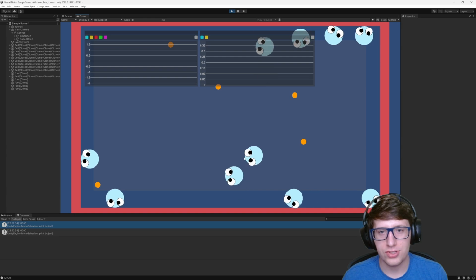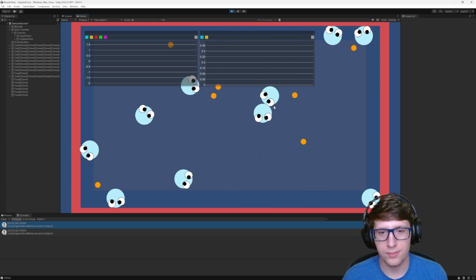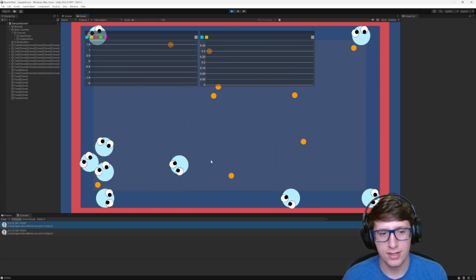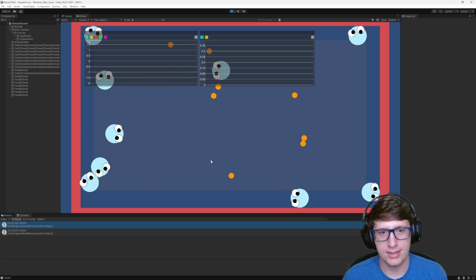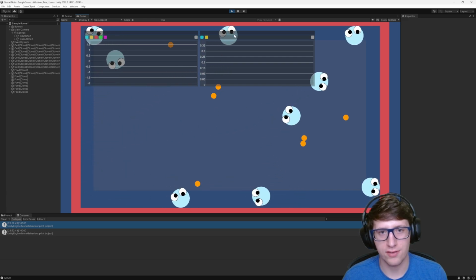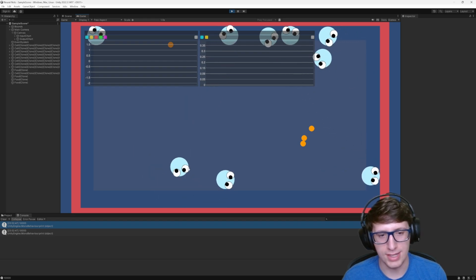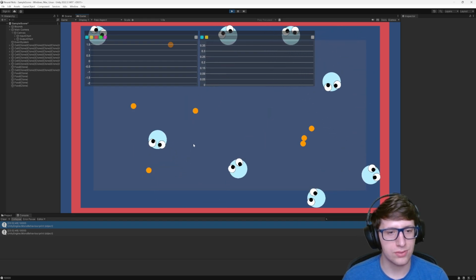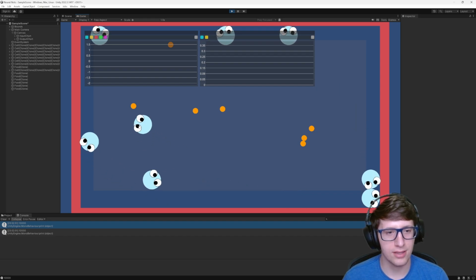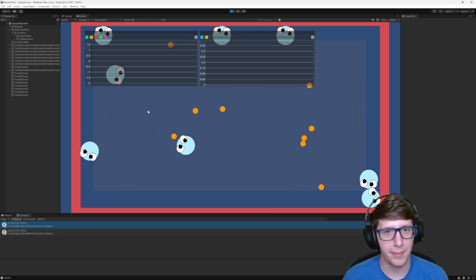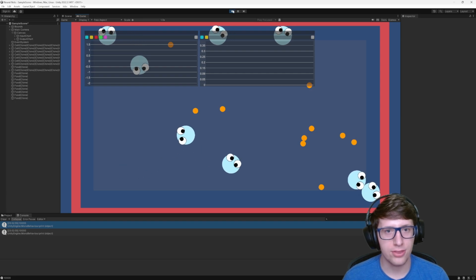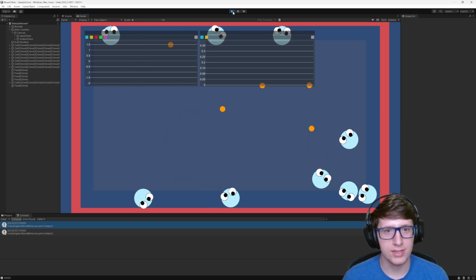I think it's also probably challenging for them because I'm using physics here. I'm not just shifting them forward. They actually have to deal with the fact that they're accelerating. They can't just stop on a dime, which definitely adds a bit of a challenge, especially because there's no way for them to back up. But I think this is something I'm going to add.